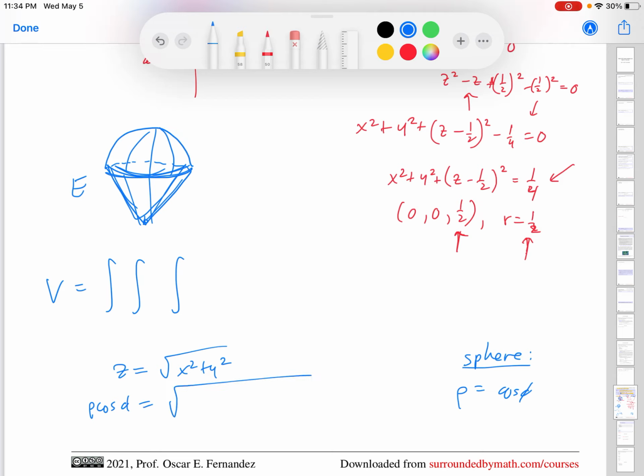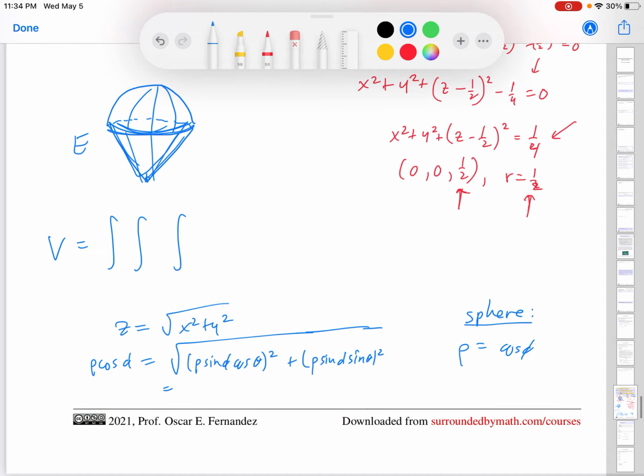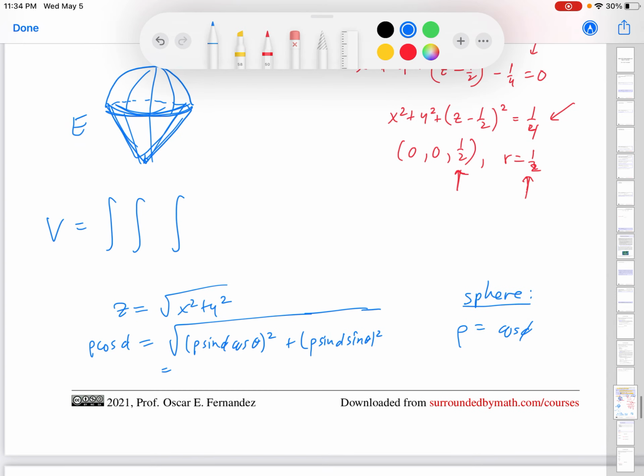Then x is rho sine of phi cosine of theta, and we're squaring that. y is rho sine of phi sine of theta, and we're squaring that. I have a rho squared in both terms, which comes out, and the square root gives me rho. I have a sine phi in both terms, which gets squared, comes out, and gets square rooted, so I get sine phi. Then I have cosine squared plus sine squared, which is 1.